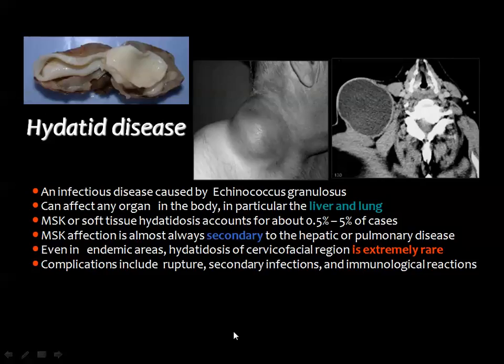And hydatid disease is rare in the neck, but sometimes it is seen in clinical practice. And many times this hydatid disease is usually secondary to the presence of hydatid disease in the liver or in the lung.